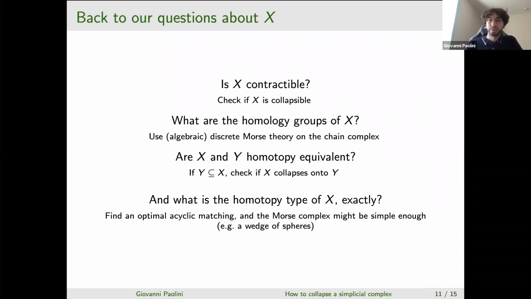Let's talk about complexity. So how difficult is it in practice to check if a simplicial complex is collapsible, or to find an optimal sequence of collapses, where optimal means you collapse as much as possible, so you leave a critical subcomplex which is as small as possible?